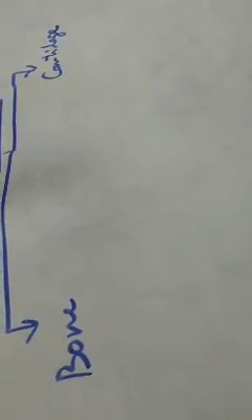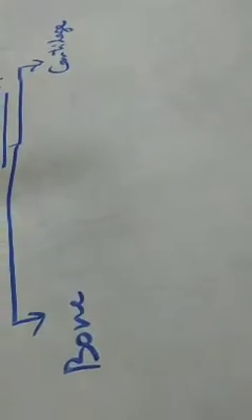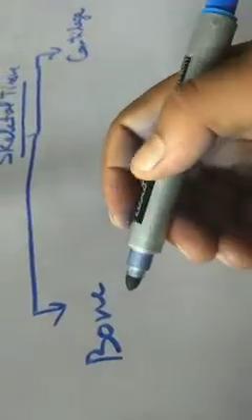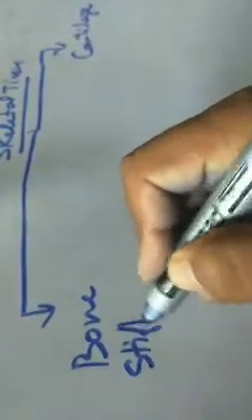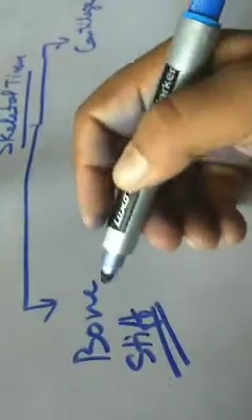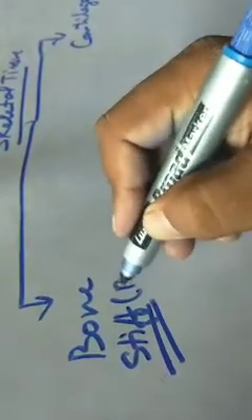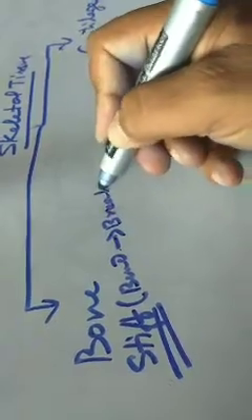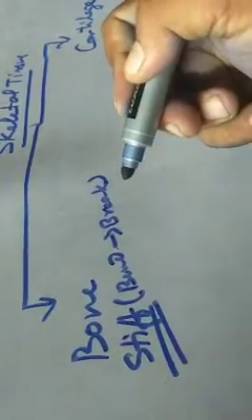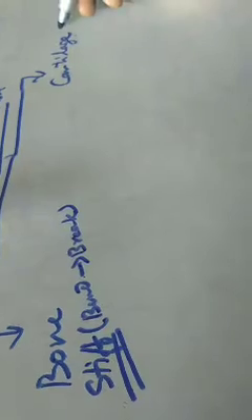So when you compare bone and cartilage regarding their stiffness, bone is stiff, meaning if you try to bend it, it will break. This is the first feature. Whereas cartilage is a little bit flexible and tensile, you can say tensile.